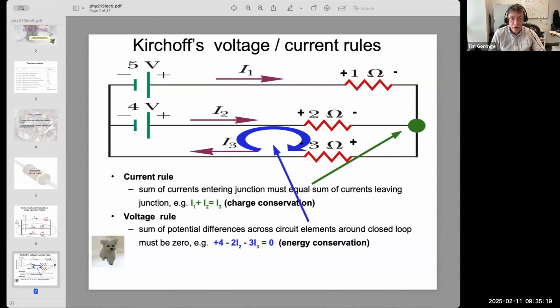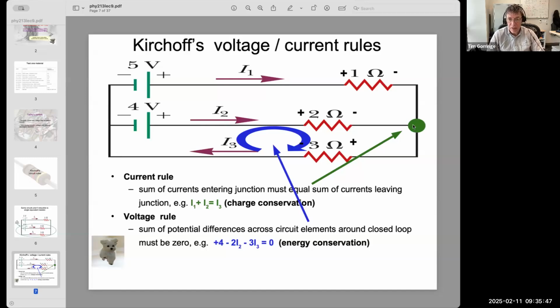So Kirchhoff's current rule says that if you pick any location in the circuit, then the current entering that location in the circuit must equal the current leaving that location in the circuit. I.e., it says that you can't destroy current, you can't create current. If current enters a location in the circuit, it must exit that location in the circuit.